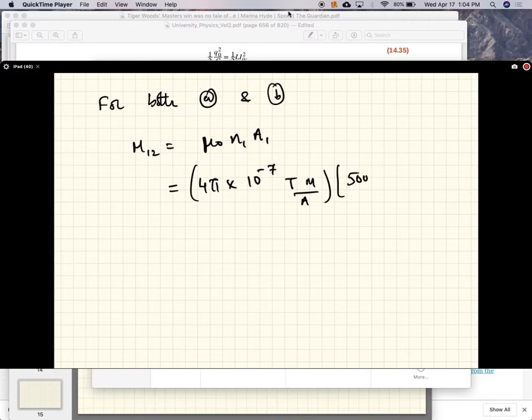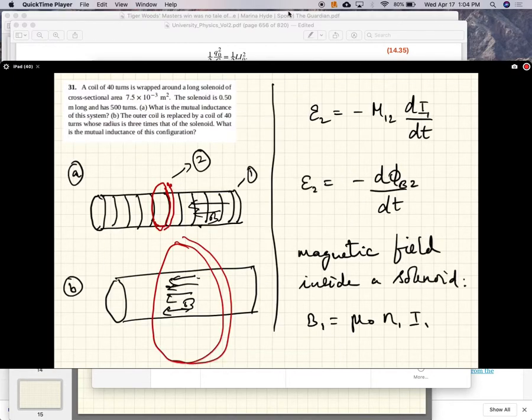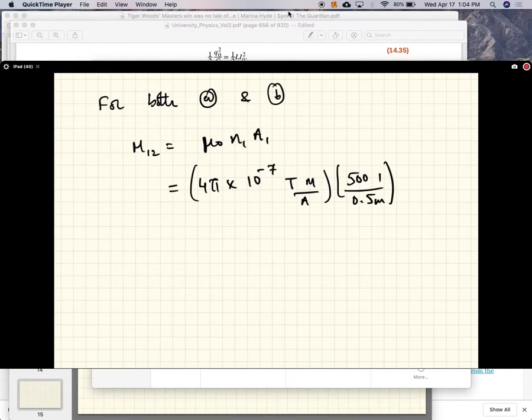It's got 500 turns divided by half a meter. And area is 7.5 times 10 to the minus 3 meters squared.